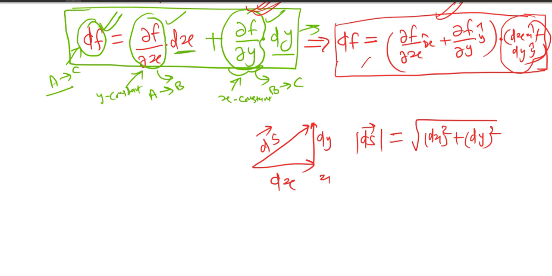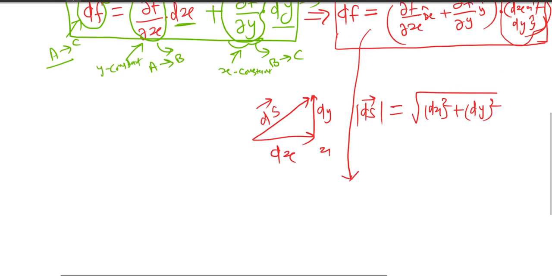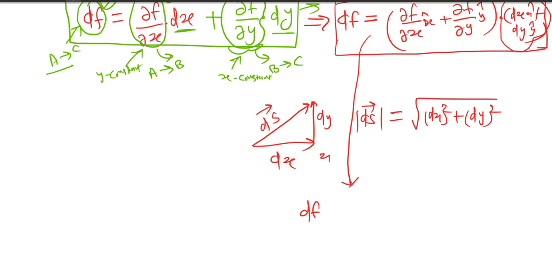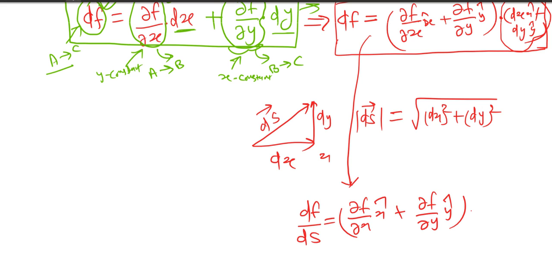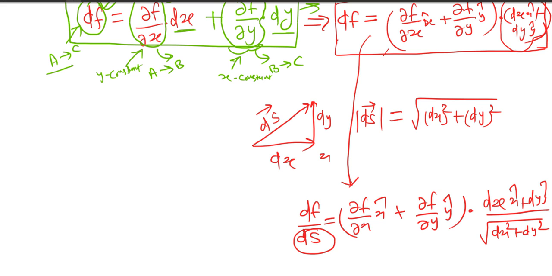So I can also write this equation as df by ds is equal to del f by del x x cap plus del f by del y y cap dot dx x cap plus dy y cap divided by ds, and ds is simply the square root of dx whole square plus dy whole square.